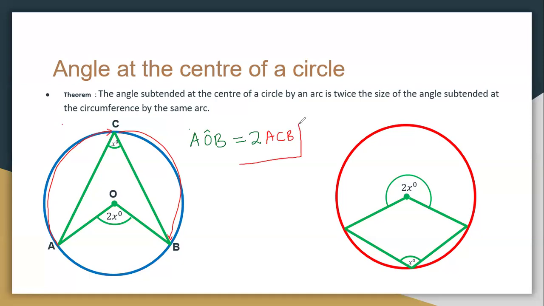And this is the theorem. Members, let me know whether you have understood that one. Angle AOB is equal to twice angle ACB. Is that one fine? Let me know through the chat. Has everyone understood that?